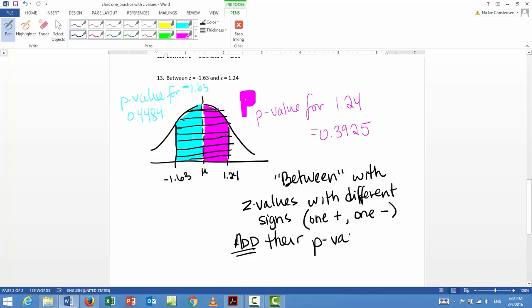So this problem, the answer is going to be 0.4484 plus 0.3925, and that gives us an answer of 0.8409.